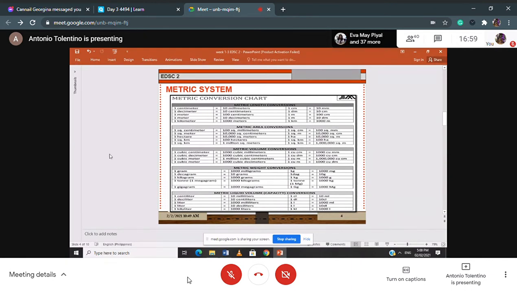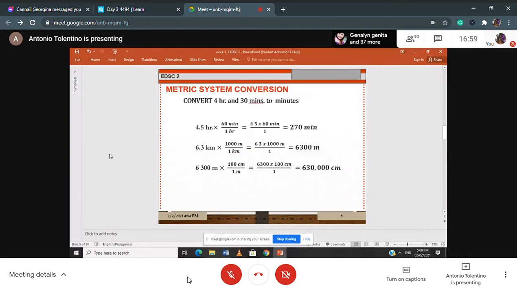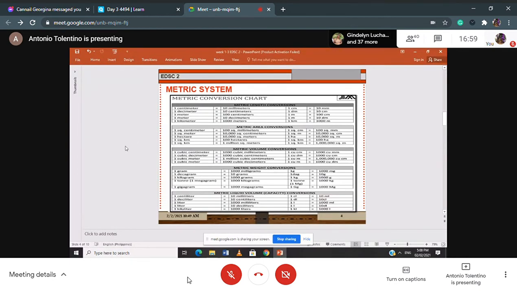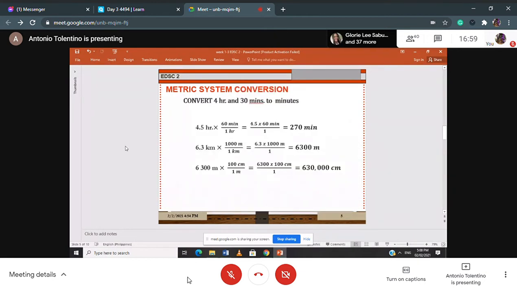We will not convert feet to inches in science, but in math there are many. In science, we're only going to use one system, which is the metric system. Okay? Questions on conversion. No calculators, okay.